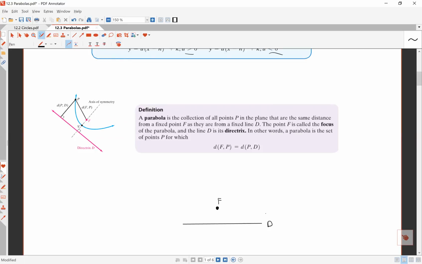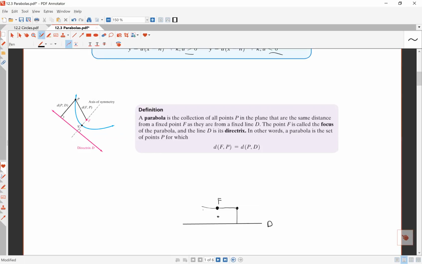So if we can find points that are equal distance from F and D, then we've got points on the parabola. The easiest one to do is to go halfway between F and the line D, and there's your first point. The next point would be, if I go out some distance, then I'm looking for the point that has the same distance to the line D, and there's that point.